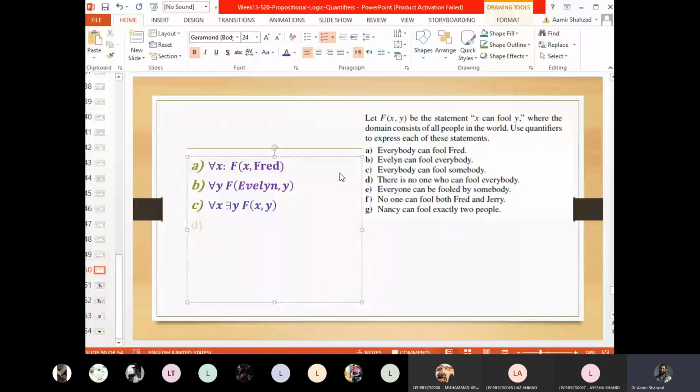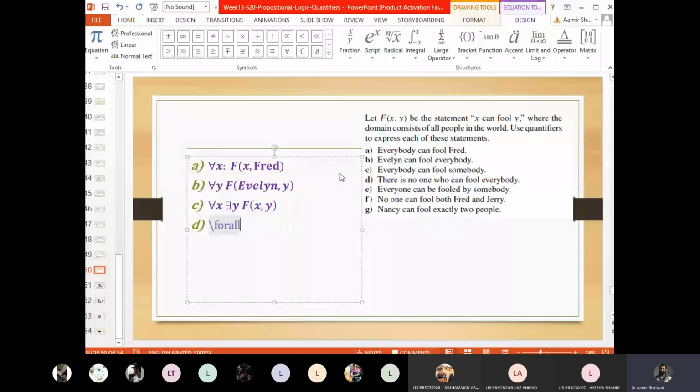If everybody can fool somebody, then what would its negation be? That there is someone who can fool everybody. So there is no one who can fool everybody. So there is not even a single person.